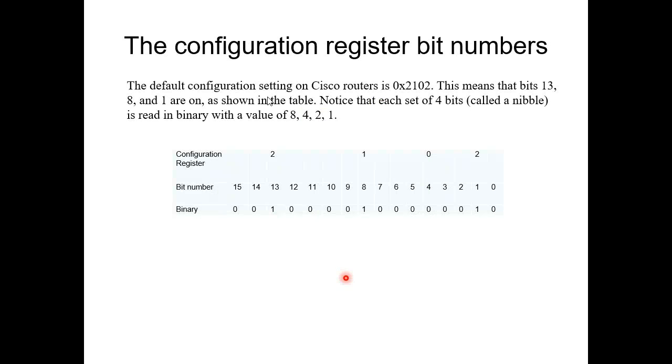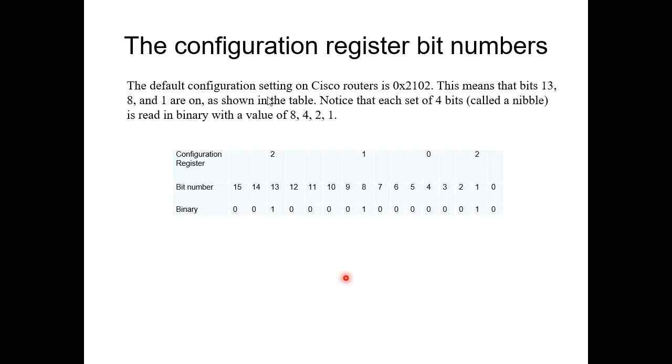All right, we had talked about the configuration register, and we talked about how we wanted to change the register from a 2102 to a 2142 for the purpose of bypassing the startup config.